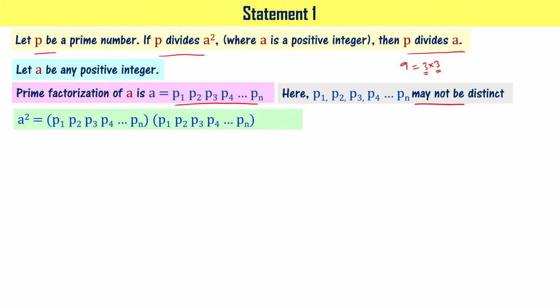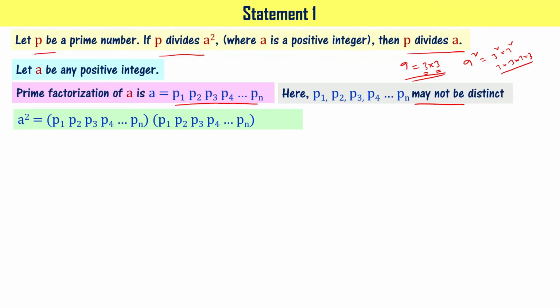Since A equal to P1 times P2 times P3 times P4 up to Pn, we can write it as A square equal to P1, P2, P3, P4 up to Pn times P1, P2, P3, P4 up to Pn, right? For example, 9 equal to 3 times 3. 9 square can be written as 3 square times 3 square, or 3 times 3 times 3 times 3, right?